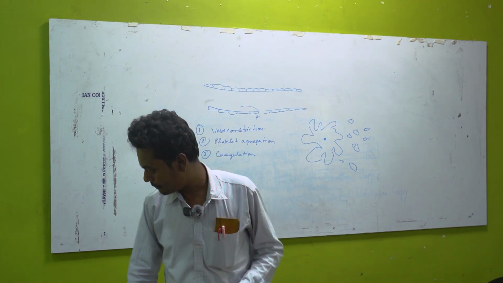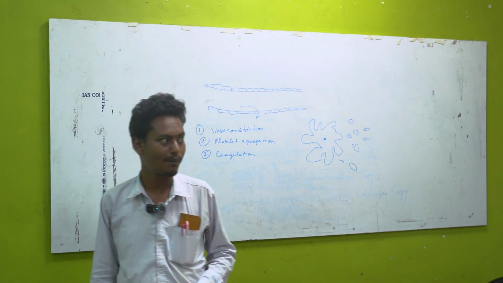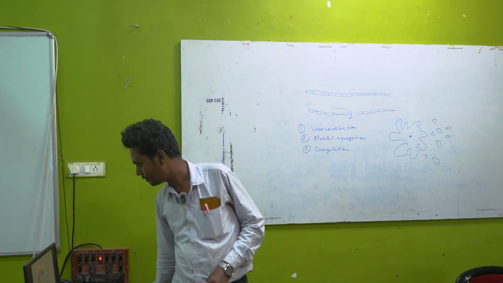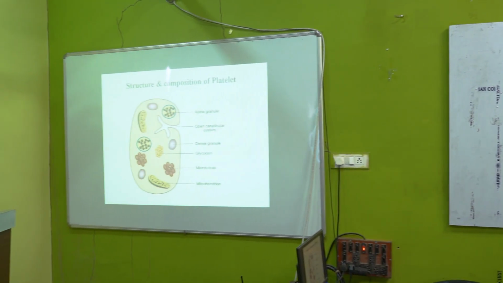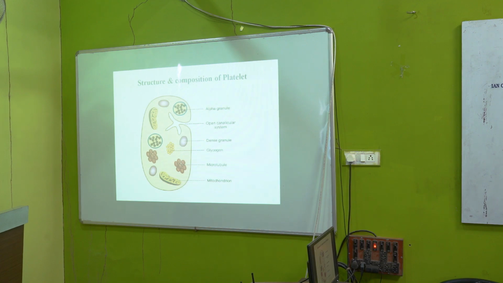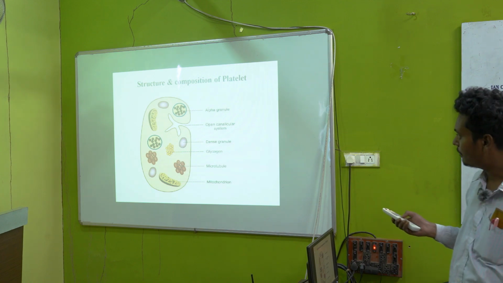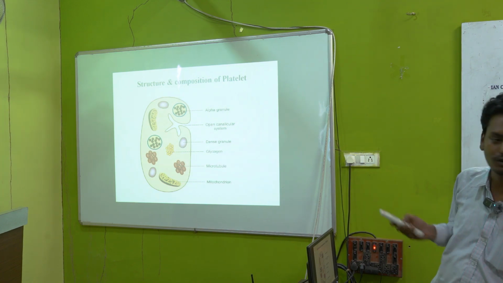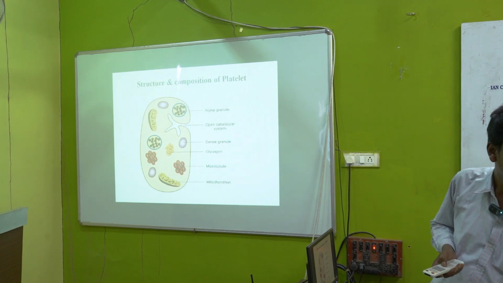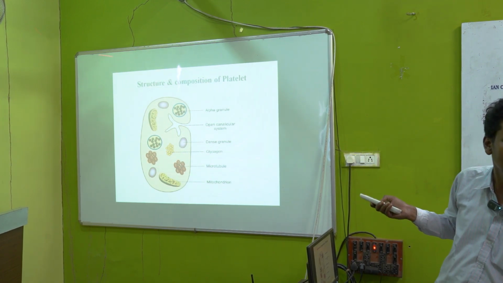So we have to know about the structure and composition of platelet. This is a single platelet. Platelet is not a complete cell because it does not have any nucleus, but it is also a membrane-bound structure like a cell.